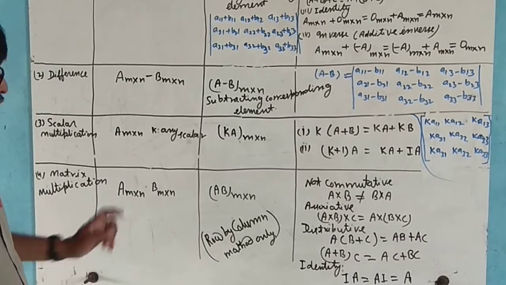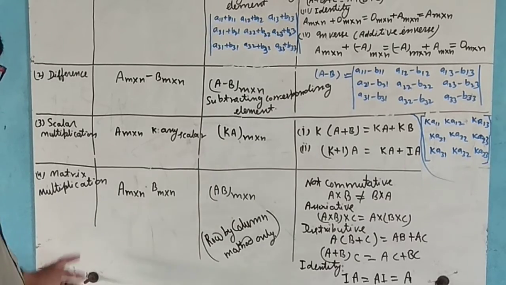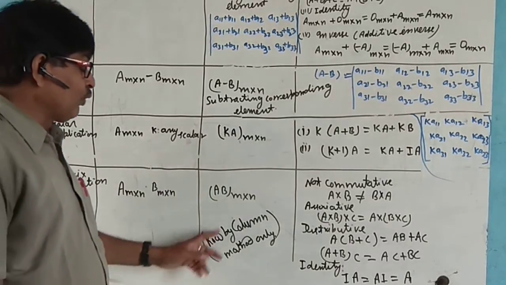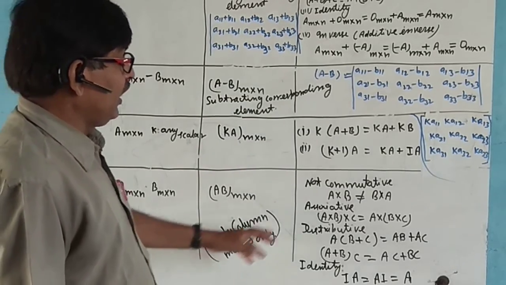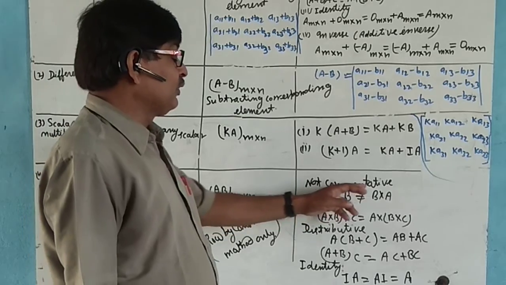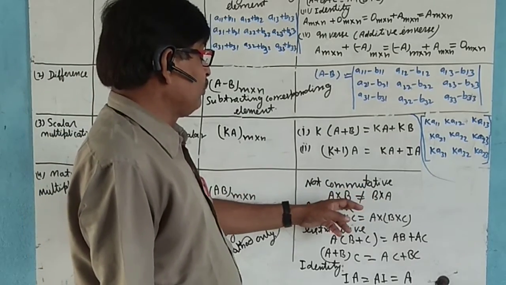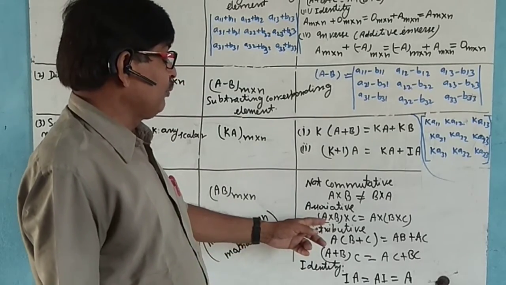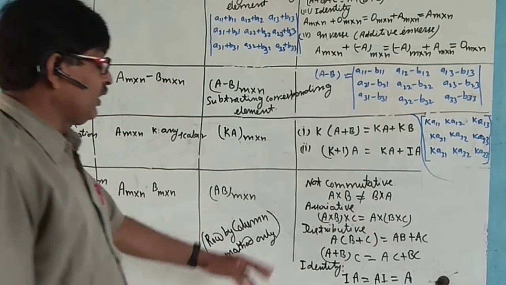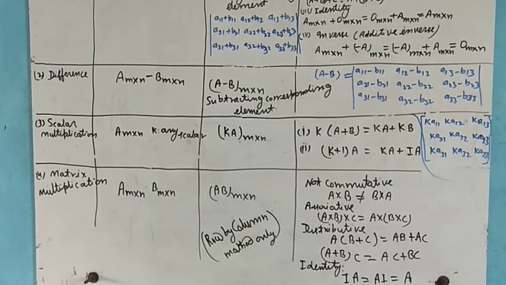In the multiplication of two matrices, only the row by column method is valid, and the commutative law does not hold because A cross B does not equal B cross A. The associative law holds, the distributive law holds, and the identity also holds.